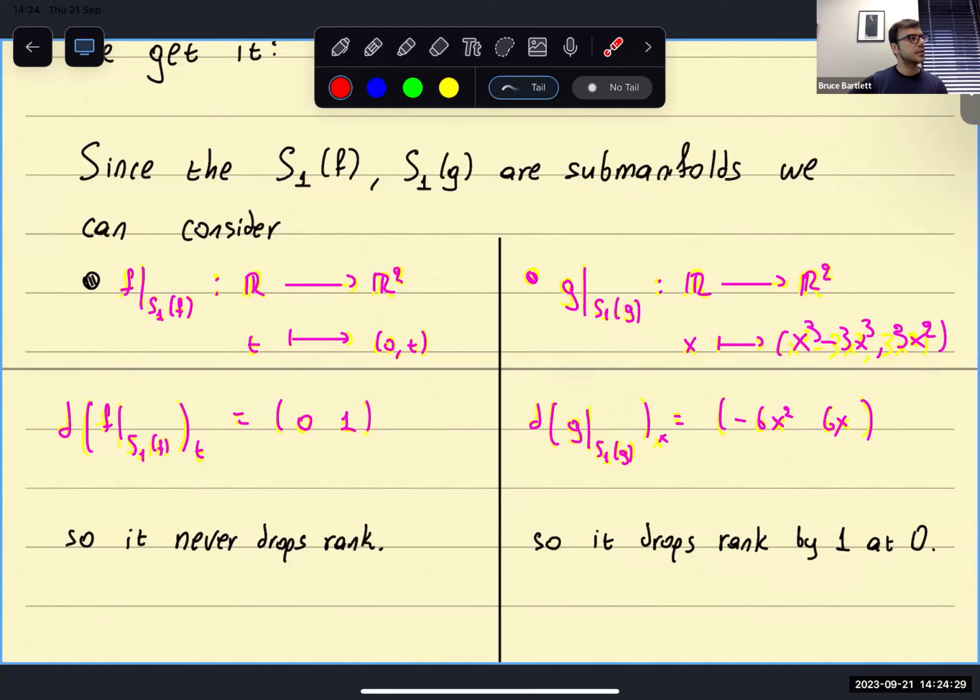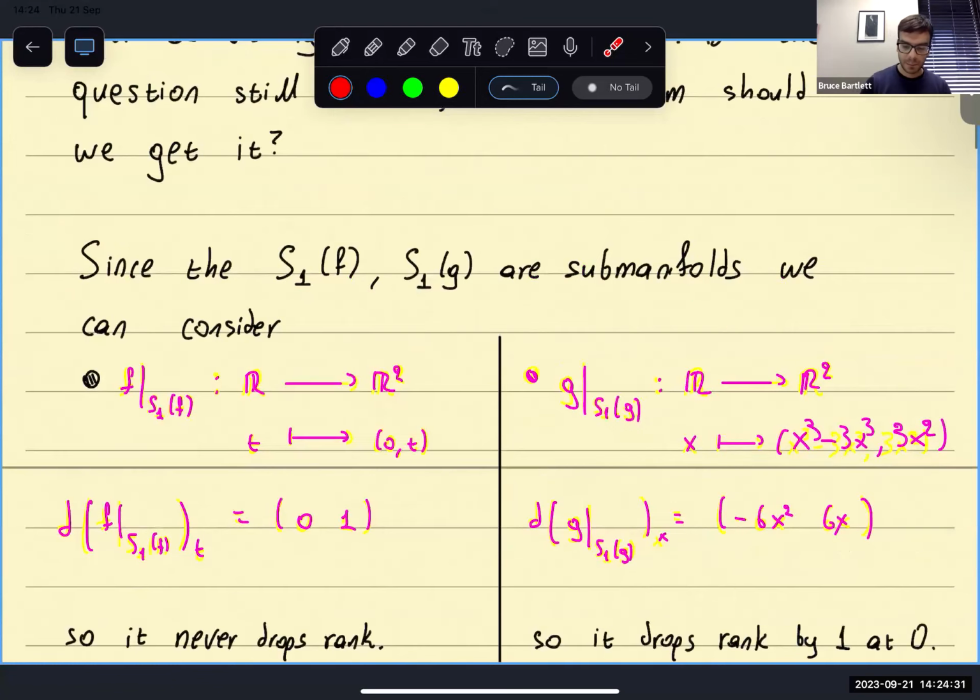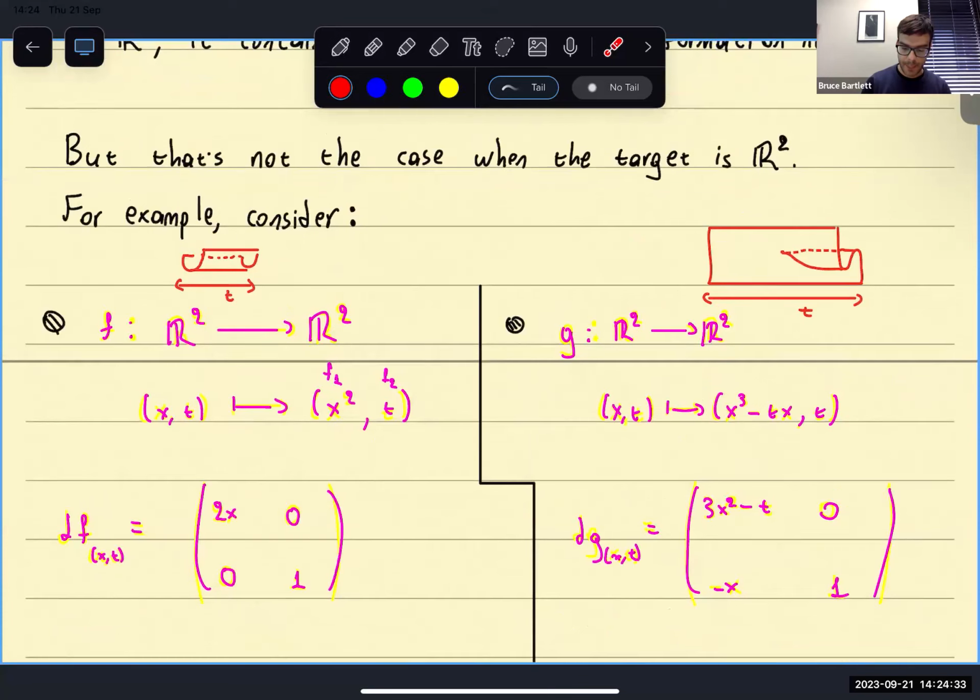You could draw a little picture of the vectors, on that red graph there, or draw a little picture of the direction in R2 for which the function drops rank. Somehow the idea would be that where you're dropping rank is transverse to the submanifold S1 here.